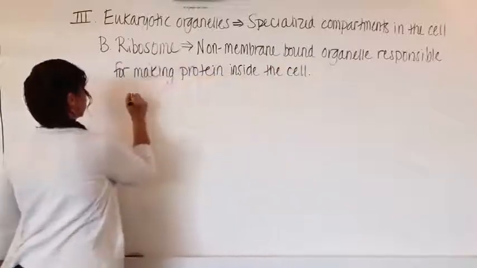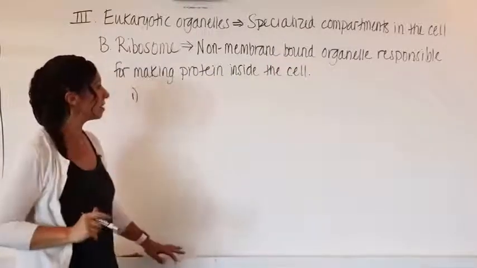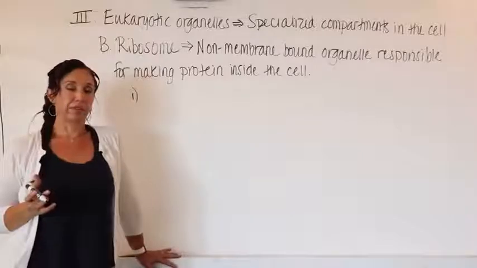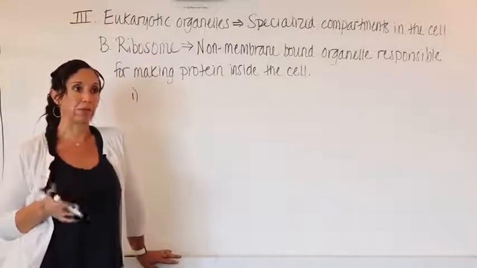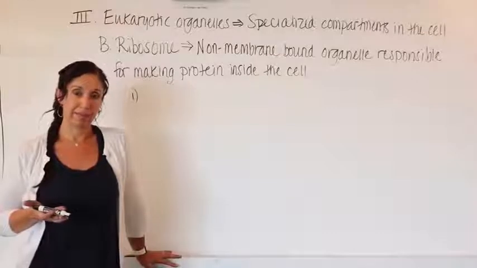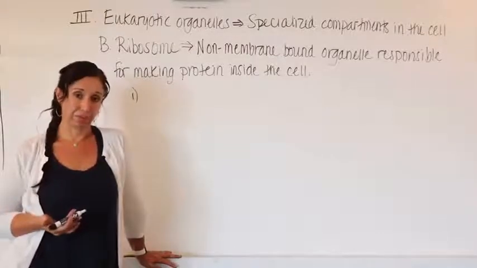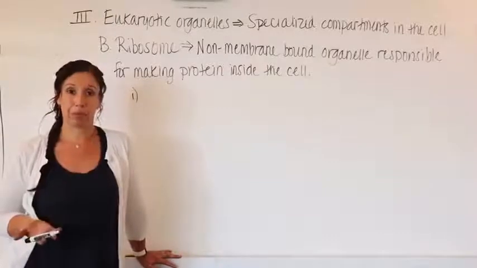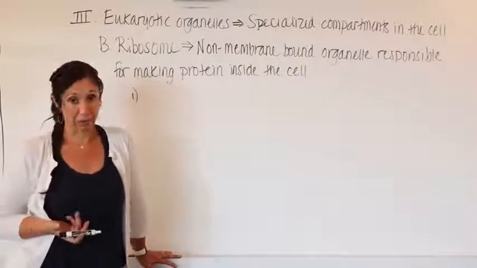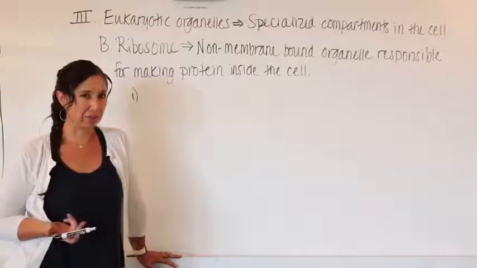All right, so here's where I want you to think a little bit deeper. If prokaryotes do not have membrane-bound organelles, can they have a ribosome? Yes, because a ribosome is a non-membrane-bound organelle. We have ribosomes, they have ribosomes, they just look a little bit different.